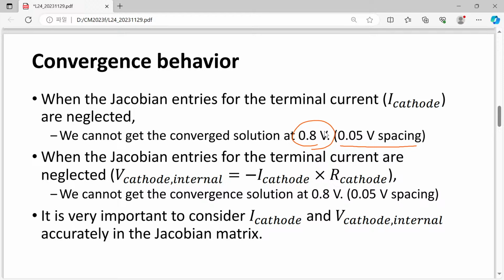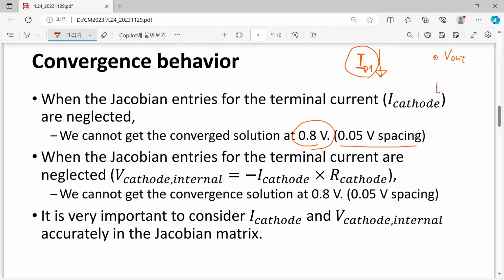What is special about 0.8 volt? At 0.8 volt, the diode current becomes so large. Since diode current D1 becomes so large, the voltage drop from this V out to ground is given by D1 times R cathode, which generates this V out.